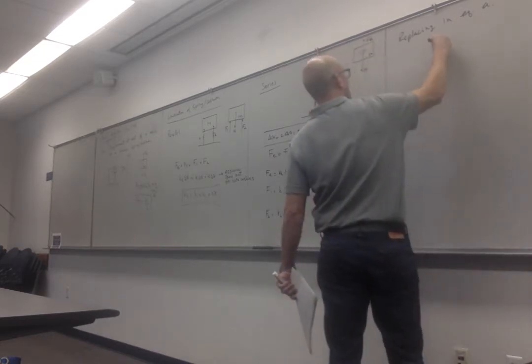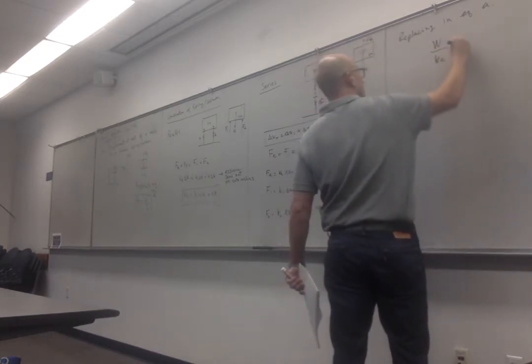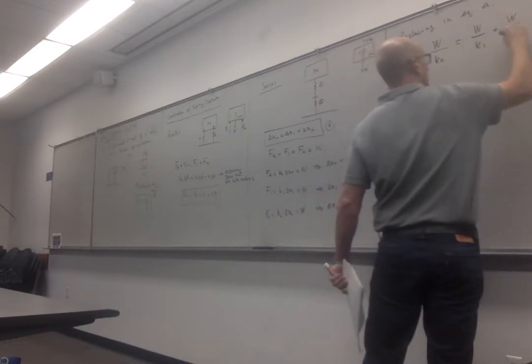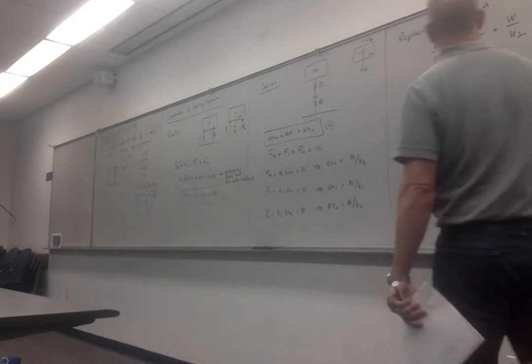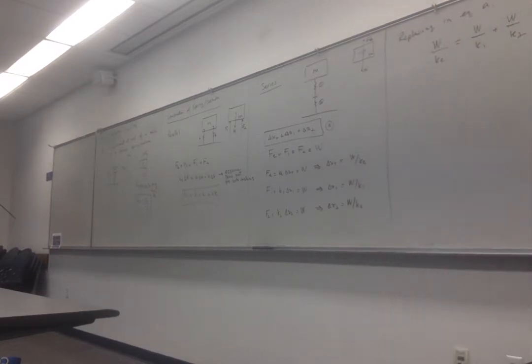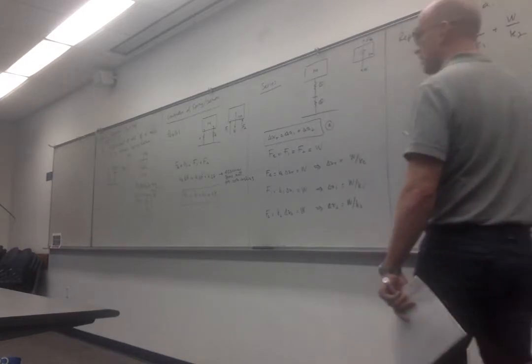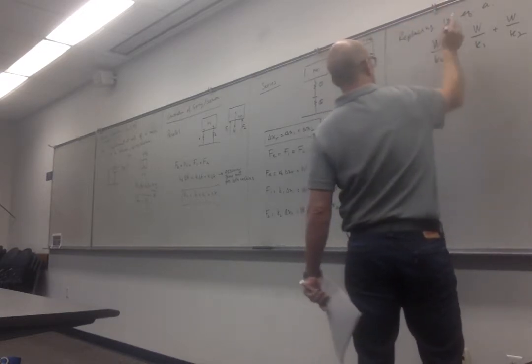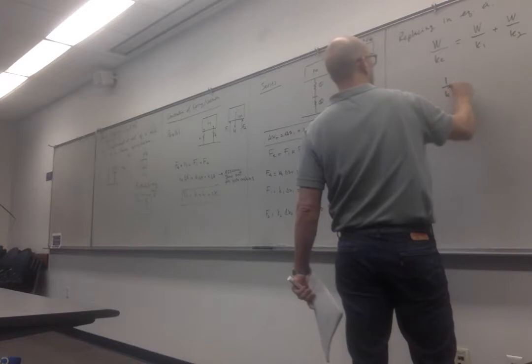What we have is W over Ke equal to W over K1 plus W over K2. You probably saw where this was going. When you're dealing with series and parallel, you always have one is the sum and the other one is the inverse: the inverse of the equivalent is the sum of the inverses. It can be heat transfer or circuits, all of these things. So all of these W simplify.